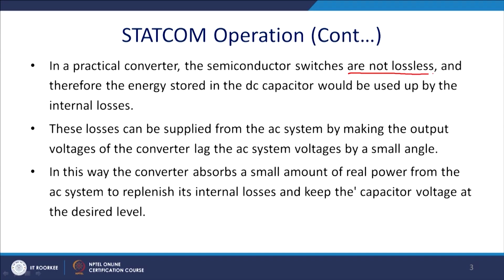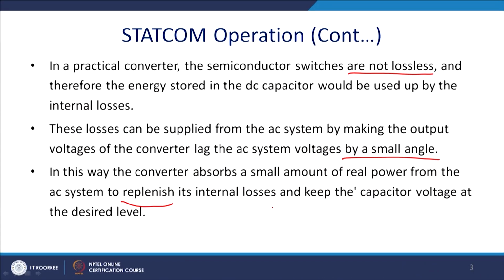In a practical converter, the semiconductor switches are also not lossless, and therefore the energy stored in the DC store must be used to feed those losses. So, the switching losses incurred by the Statcom have to be fed from the DC source.